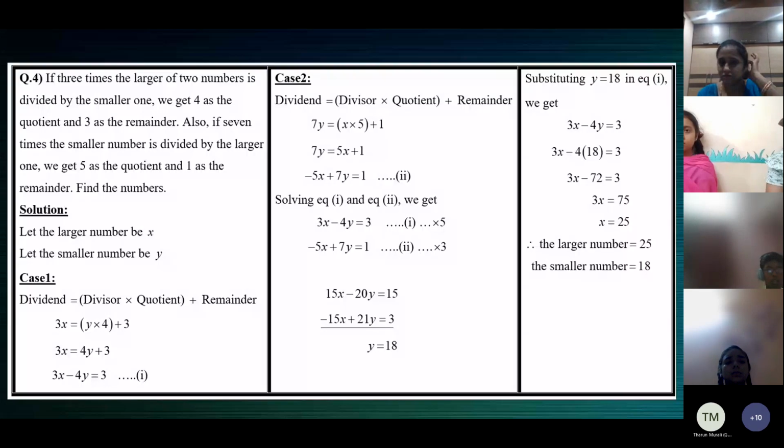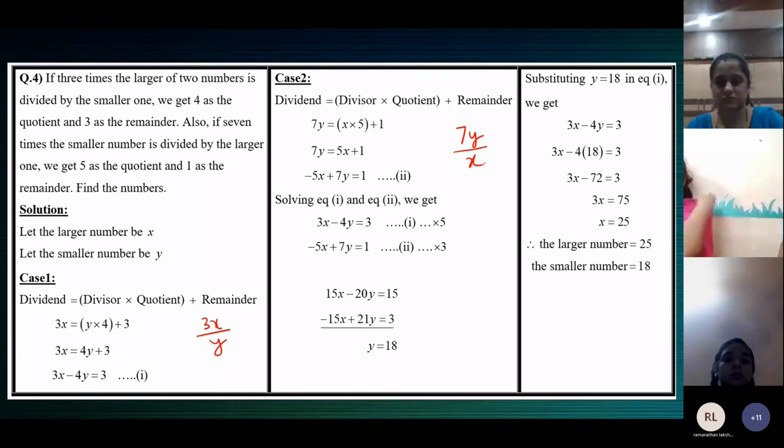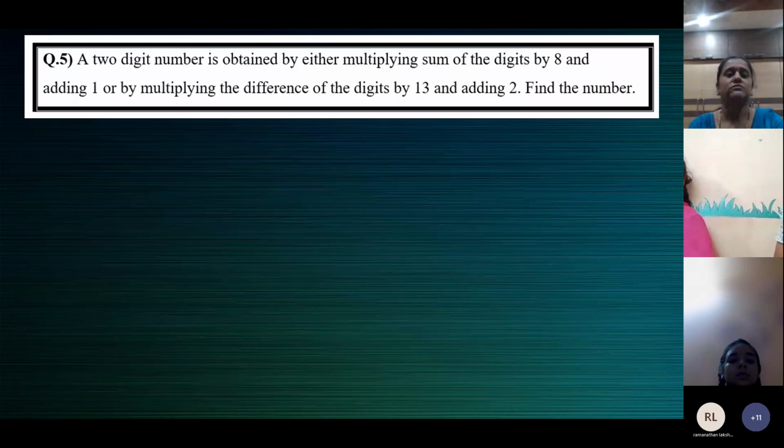Take a screenshot, children. Okay. A 2-digit number. Be careful.